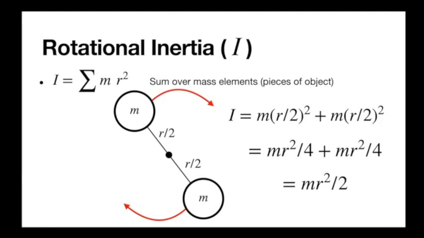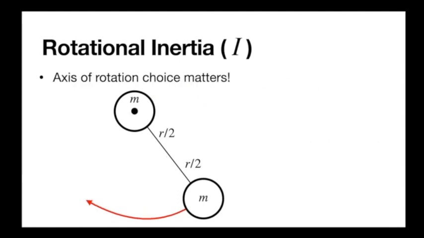Let's take the same exact object and put the axis of rotation at the center of one of these. So now we're rotating a dumbbell about one of the ends. Now we add up each piece, except now this one on the top has a distance of 0 from the axis of rotation. We're spinning it about this point, so that mass is no distance away from the center.